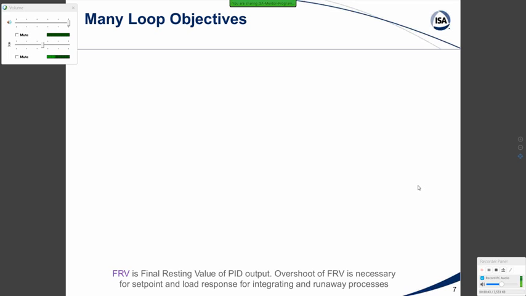The final resting value of the PID output is where it's going to end up to take care of a disturbance or a set point change. What he didn't realize is that the overshoot is necessary for set point and load response for integrating and runaway processes. It's the only way you can achieve a new operating point or compensate for a disturbance to get it back to your current set point.